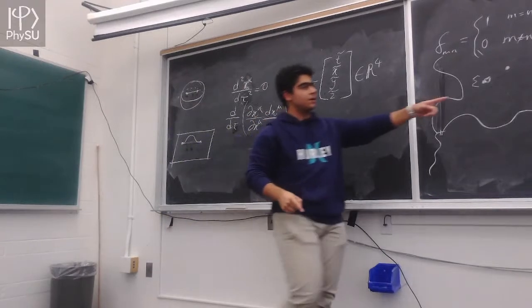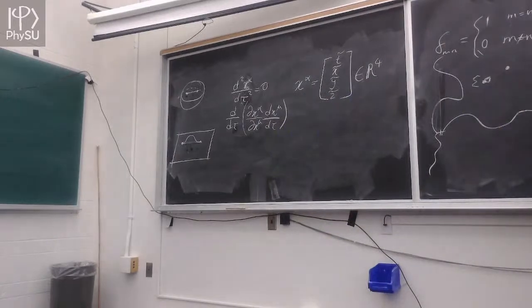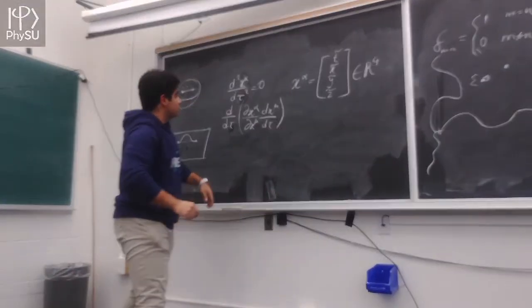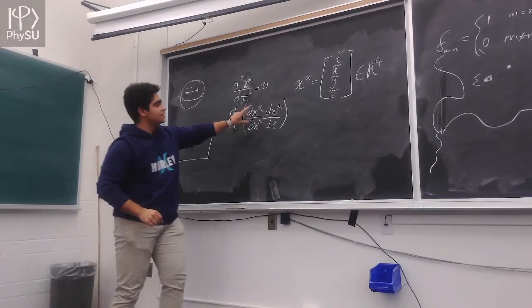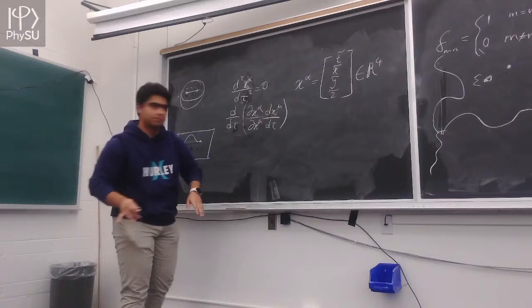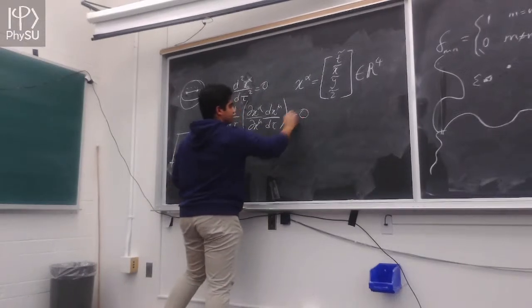Remember, x0, x, y. I should have said that if you use the Greek index, then you also have the time component, and t is x0. So you're just taking derivatives with respect to coordinates, and this would be your coordinate velocity, and this would be 0.